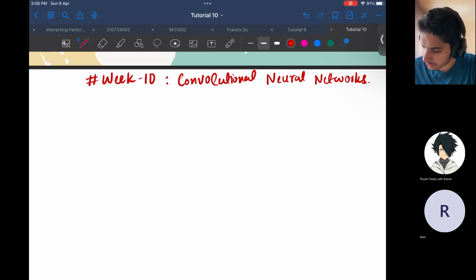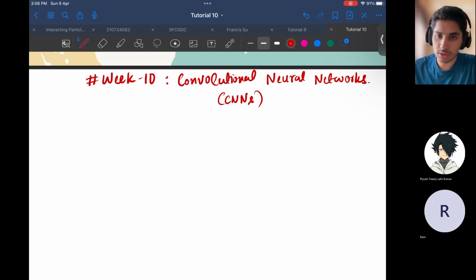Basically, this week we scratched the surface of CNNs. In short, these are called CNNs. I will be using CNNs and convolutional neural networks interchangeably.